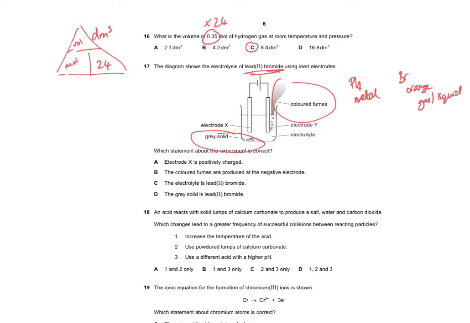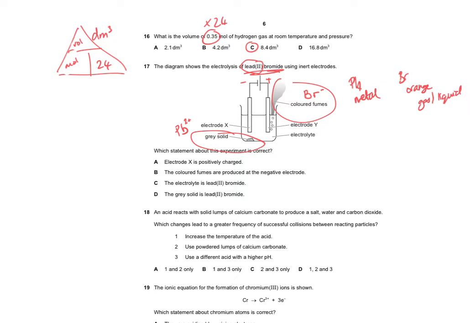Okay, so the grey solid is going to be your lead, and the coloured fumes is going to be your bromine. Bromine is in group 7, so it forms a negative ion, so this is your positive electrode. And lead is a metal, all metals form positive ions, and it tells you there it's lead 2, so that means lead 2+. So that's going to go to the negative electrode.